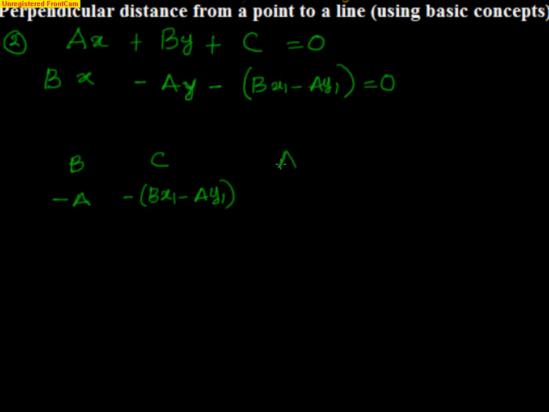Then again you have a and b, minus b and a. I think you are very clear with solving linear equations in two variables. Now this is not coordinate geometry anymore. That's the beauty of coordinate geometry, where you are using algebraic equations to solve geometry. That's what Descartes did. Okay, let's come back.